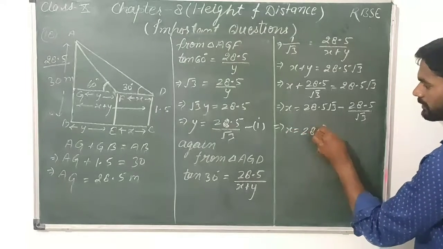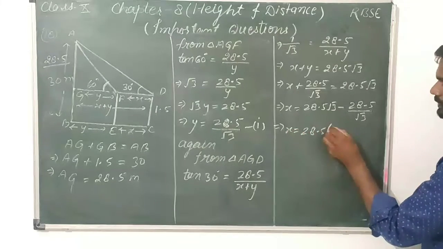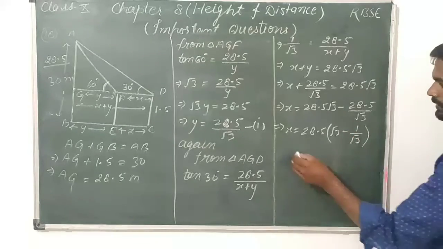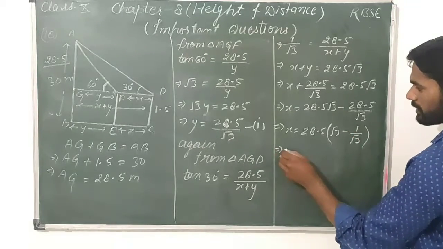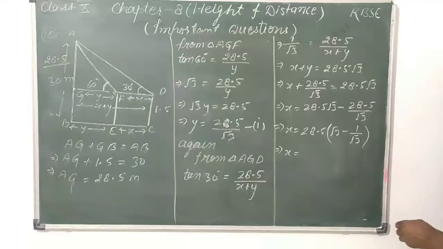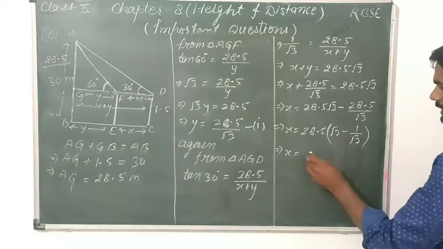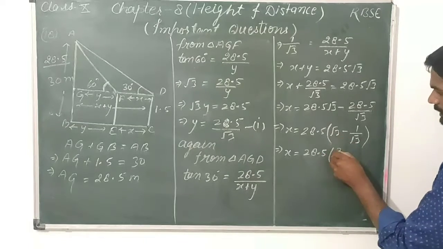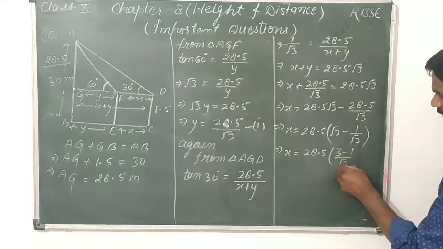What is left here is root 3 and here 1 upon root 3. x is equal to 28.5, taking LCM root 3, into 3 minus 1 upon root 3.